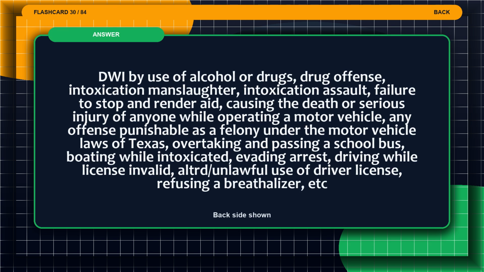The answer is DWI by use of alcohol or drugs, drug offense, intoxication manslaughter, intoxication assault, failure to stop and render aid, causing the death or serious injury of anyone while operating a motor vehicle, any offense punishable as a felony under the motor vehicle laws of Texas, overtaking and passing a school bus, boating while intoxicated, evading arrest, driving while license invalid, altered or unlawful use of driver license, refusing a breathalyzer, etc.